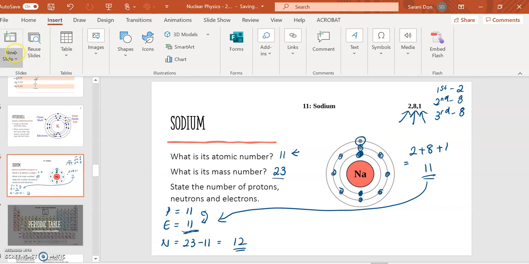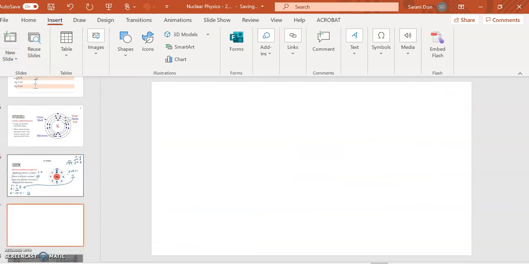So let's do some examples. Let's have a look at aluminium. This has the atomic number of 13. So when we're drawing electron shells, we just need to worry about the atomic number, which is the smaller number in the periodic table.